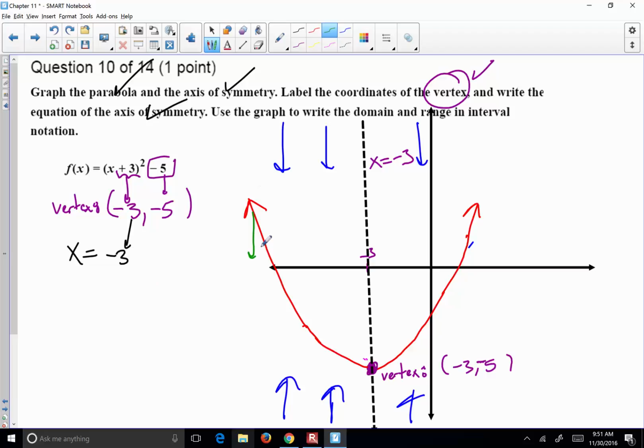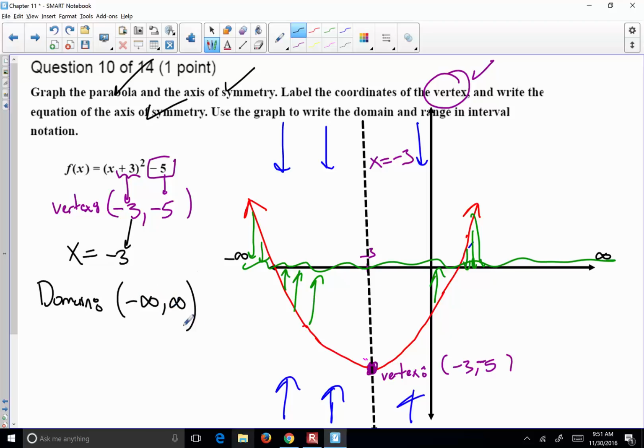These points are going to fall down, these points are going to fall up, and it's going to fill up all this space with smashed points, right? So domain is everything from left end to right end, no gaps, no holes. So it's one entire line, minus infinity to infinity.